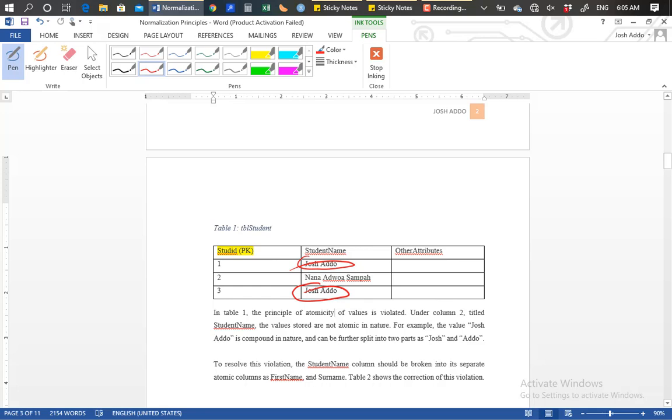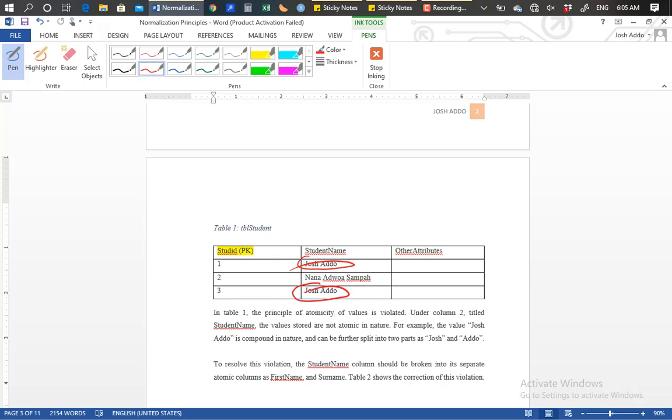So the database will be able to understand that Josh Ado, they are different because this one has a student value of 1, this one has a student value of 3. And if you are querying the database for, let's say, information on Josh Ado, the database could be made to understand it clearly that you want Josh Ado with student value 3, and that is just what is going to come.